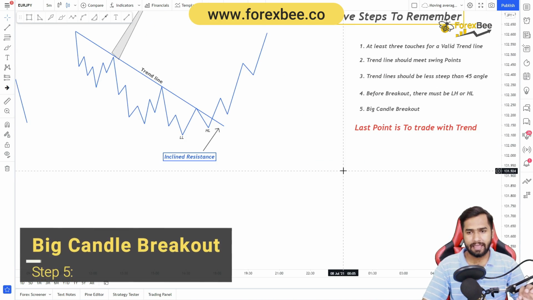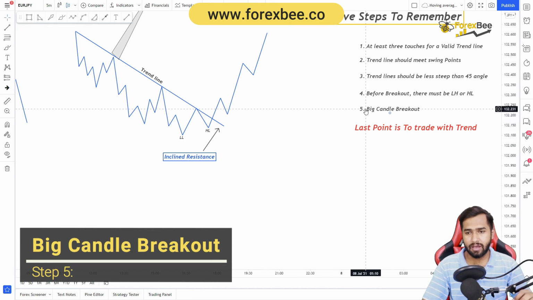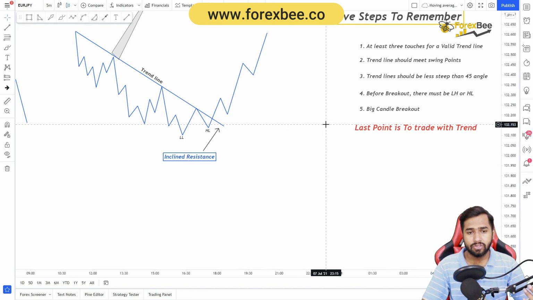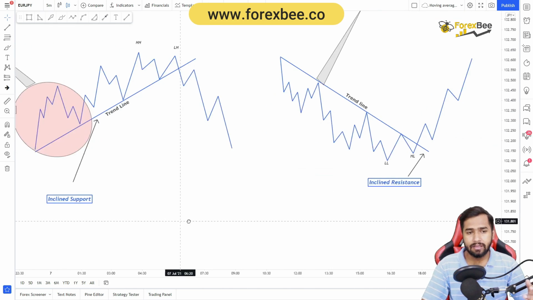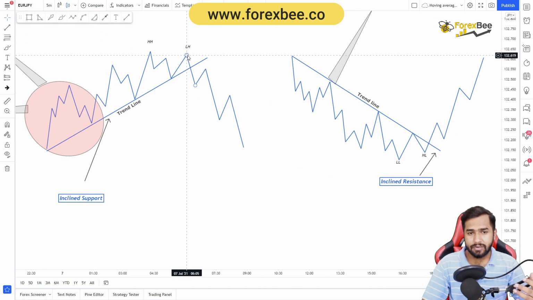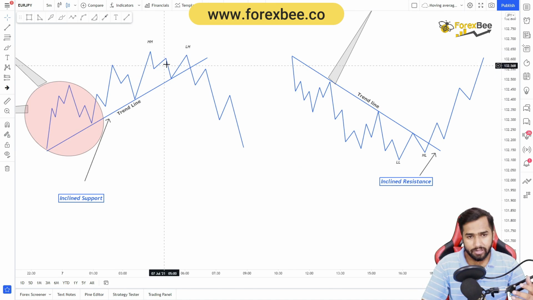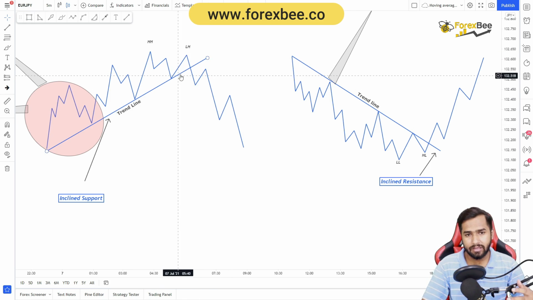Okay, now the next thing is there should be a big candle breakout. So what that means is that when the trend reversal happens, let's say from bullish to bearish, there should be a big candle here which should be crossing the trend line. There should not be a pin bar or doji candle or hammer or hanging man.